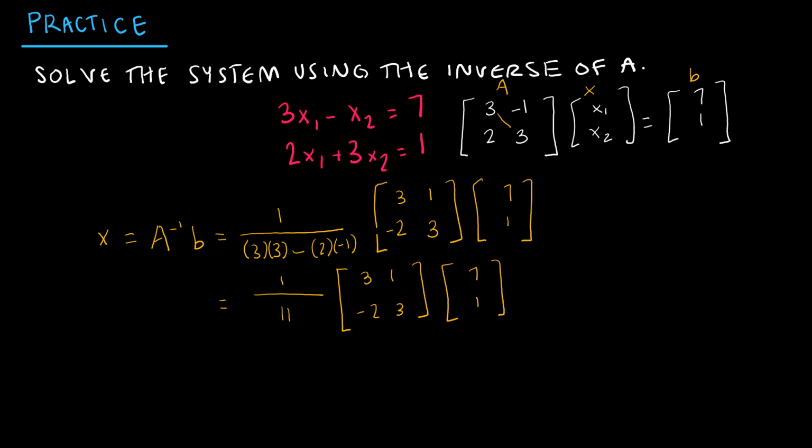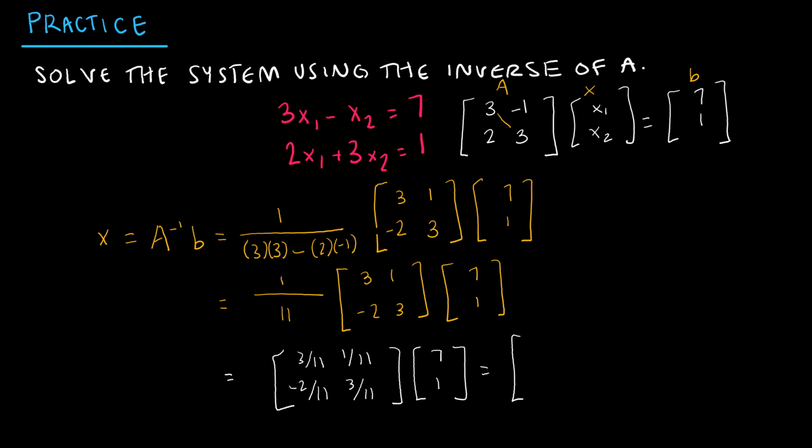Besides, fractions never really killed anybody. So let's go ahead and find then my A inverse, which is 3/11ths, 1/11th, negative 2/11ths, 3/11ths. I'm multiplying that by 7, 1.